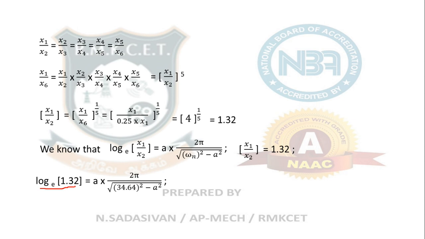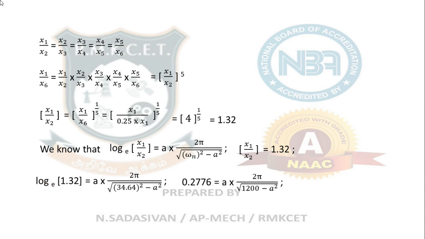Use the ln operator, because log base e is ln, natural logarithm. In the book it will be given like this only. So ln of 1.32 equals a into 2 pi by square root of 34.64 square minus a square. Left hand side is also known.